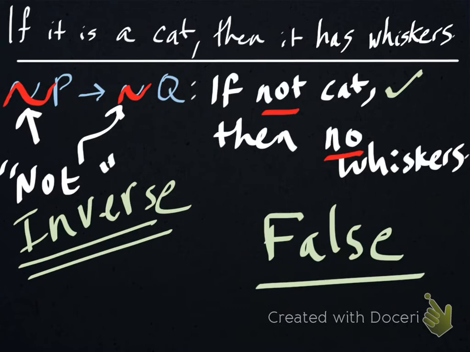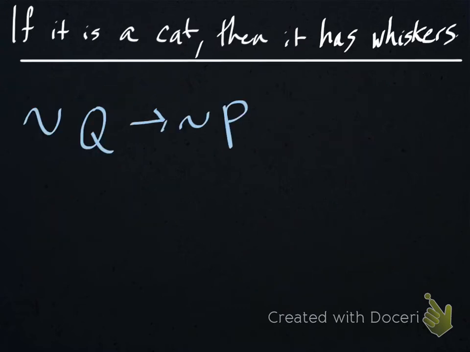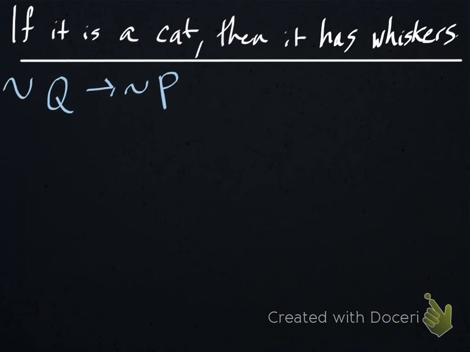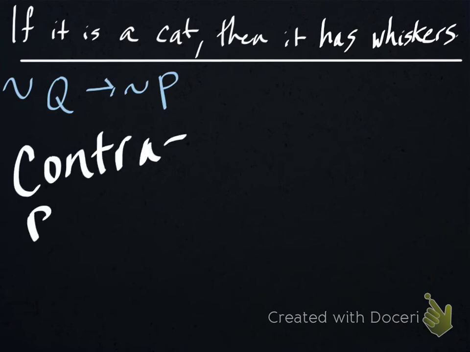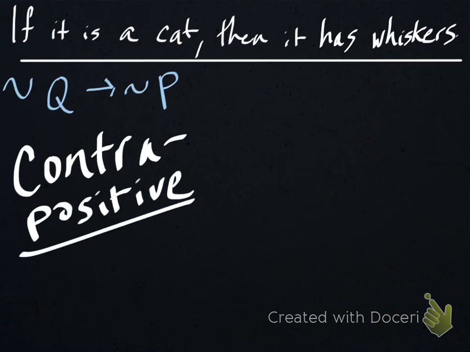Looking at the final example here, we have the following symbolic notation. Not Q implies not P. So just so I don't forget, what is this thing actually called? This is called the contrapositive. Very fancy sounding term. The contrapositive. What would that look like in this example? Well, notice that we're doing two things.